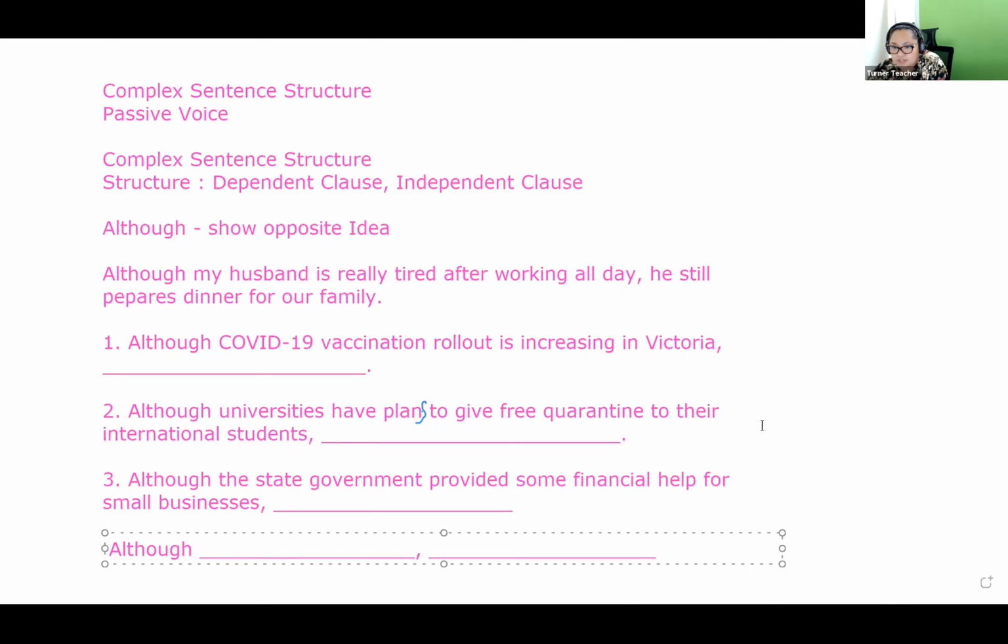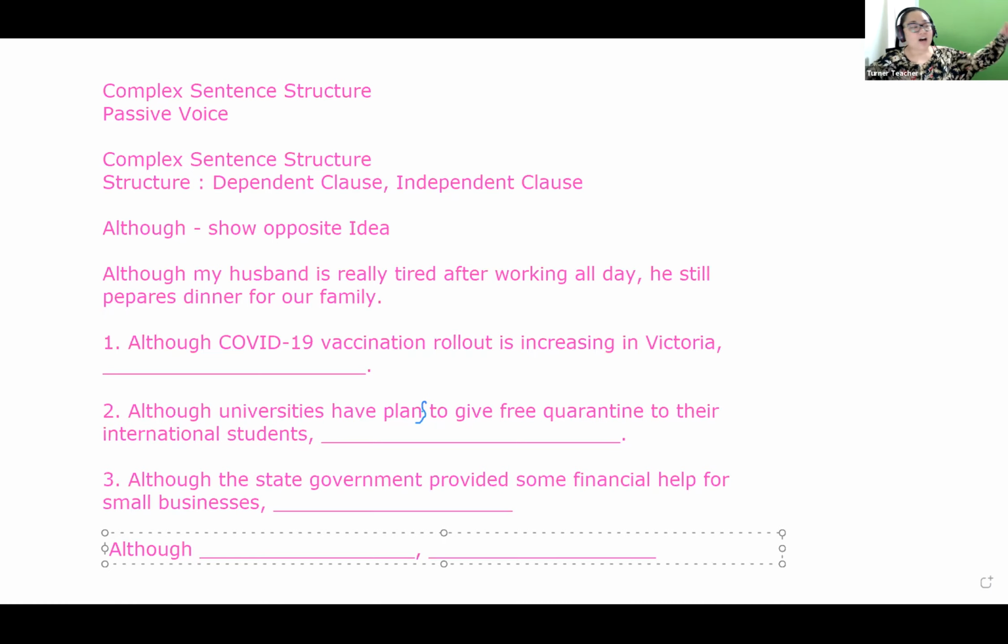Still, some students are not happy with that. Some students are still not happy with that. So don't put still at the first. The still has got to come before the adjectives. Although a few sole traders still find it hard to survive at this moment.